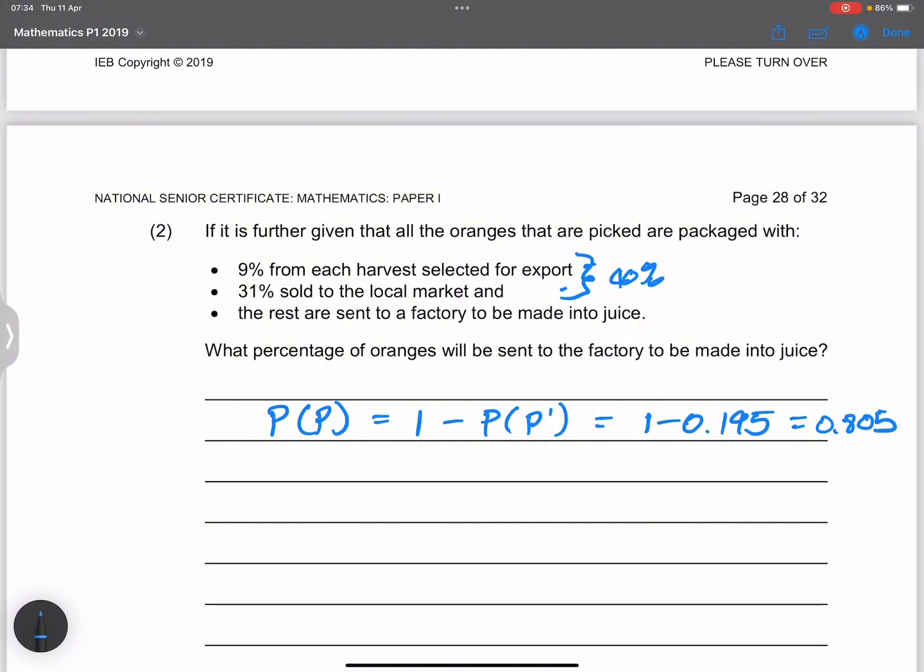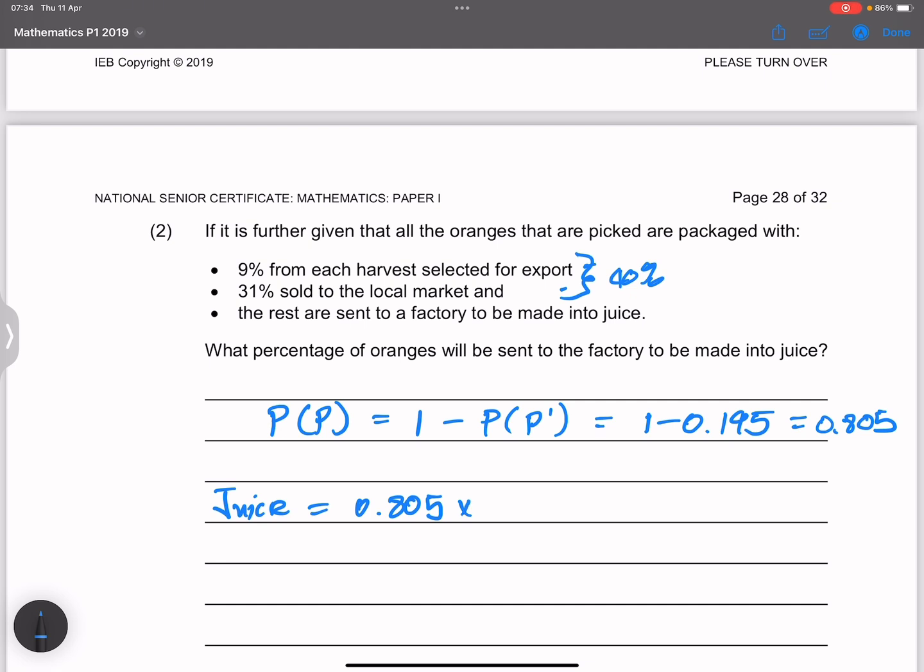But the rest, which is 60% now, which means the percentage of the ones that will be made into juice will be 0.805 times 60%.